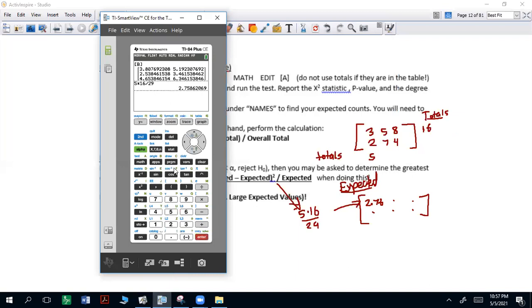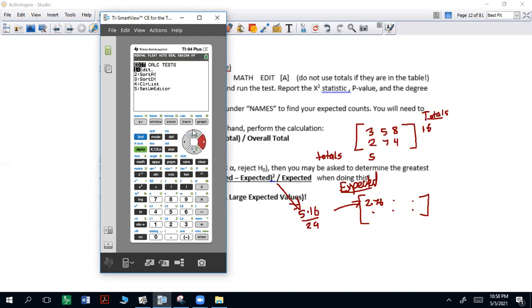And if you want to see that actually in practice, let me erase my memory, 2nd plus 7, 1, 2. Let me do that here. So I'm going to do a matrix, go to edit, and let's put those numbers in. This is a 2x3. So 3, 5, 8, 2, 7, 4. And let's run a chi-square test.